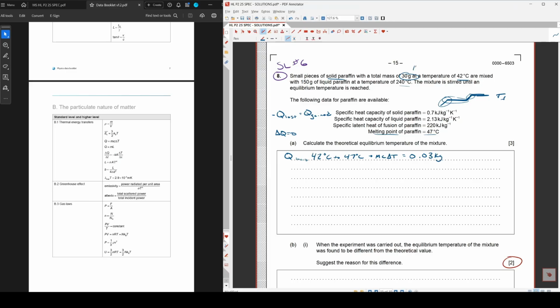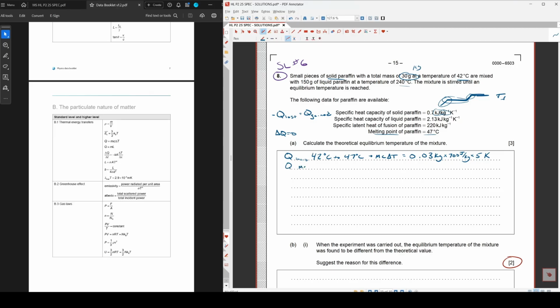I'm being careful to do everything in kilograms. Times 700 joules per kilogram, because it's kilojoules. Times 5 Kelvin. Going from 42 Celsius to 47 Celsius is a change of 5 Celsius, which is also a change of 5 Kelvin, right? So either way, that's good. That's how much energy it would take first just to heat the thing up to the melting point.